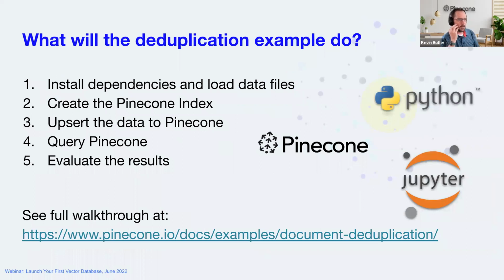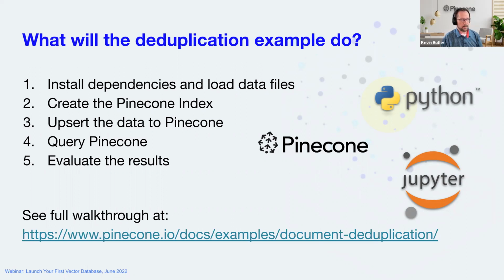So before we run the actual example, let's talk about what it does. Today's talk, of course, is not deep into the data science side of the notebook, but what this will actually do is it installs those initial dependencies. It loads example data files.